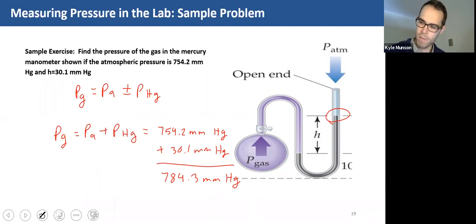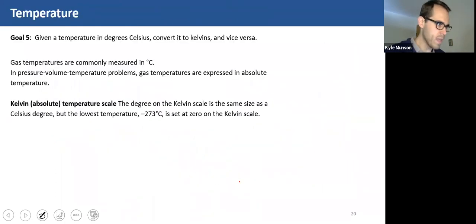Okay, so finally, the last goal is about temperature, and we've already done this, but I want to bring it up here again for a very important reason. We want to be able to convert between Celsius and Kelvin. This is because gas temperatures are commonly measured in Celsius, but in problems that involve pressure, volume, temperature relationships, gas temperatures need to always be expressed in the absolute temperature scale of Kelvin.